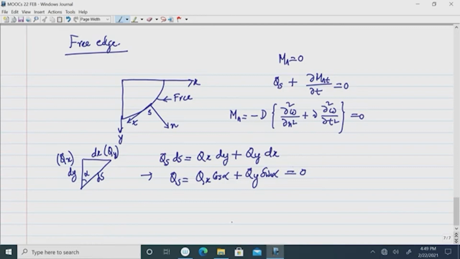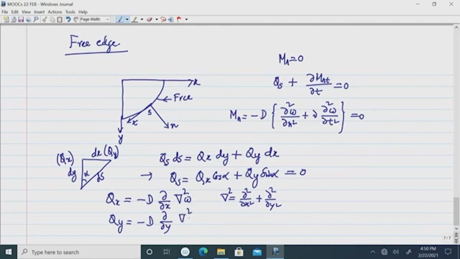Now, the expressions for q x and q y are known in terms of Cartesian derivatives, where we have derived earlier q x is equal to minus d, this operator del by del x, then del square w, where del square is the Laplacian operator, that is del square by del x square plus del square by del y square. Okay. So, this is q x. Similarly, q y is minus d del by del y of del square w. Okay. So, these two equations can be substituted here to find the q s.